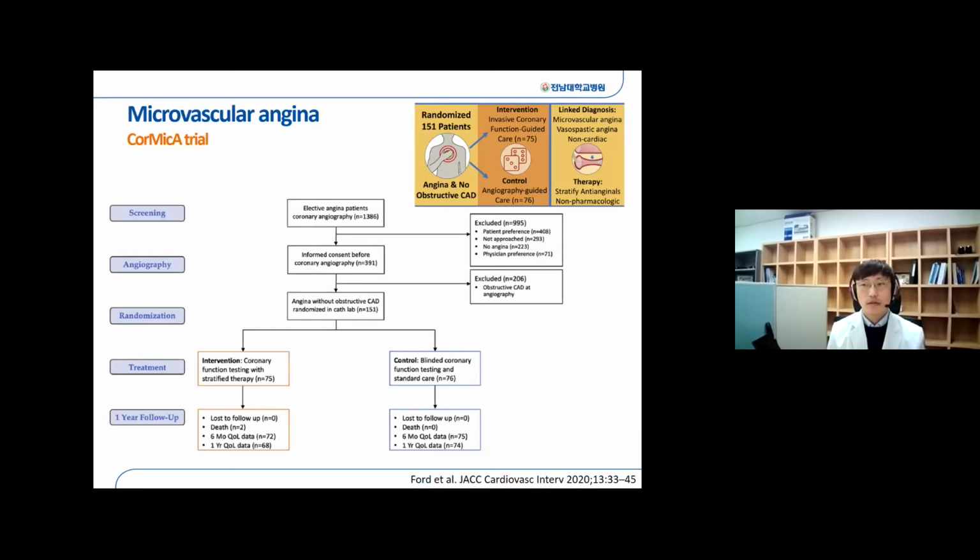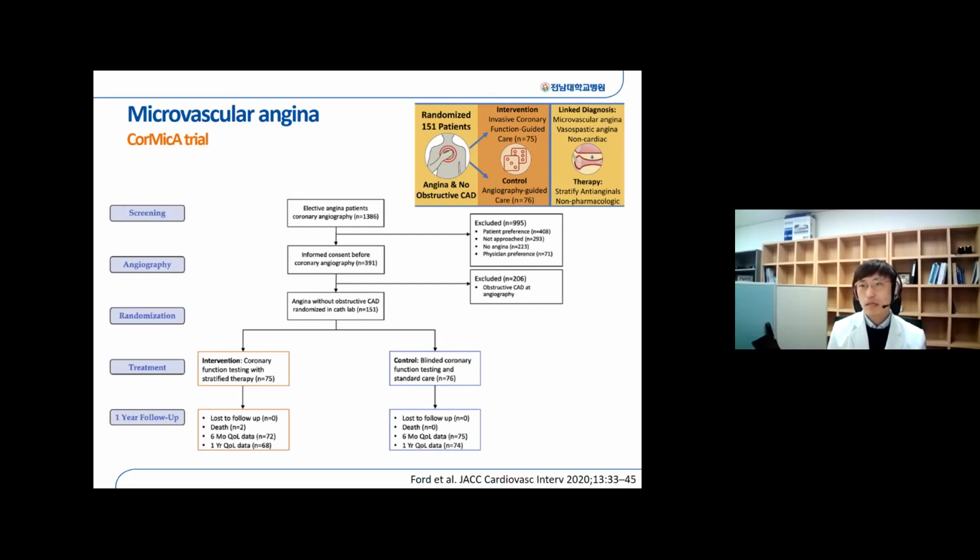Even a very crude marker for microvascular disease, such as using PET decreased CFR without perfusion defect, was also used as the marker of microvascular disease, but many interventionists and even I don't agree with that definition. So picking up the patients with microvascular disease is still under controversy.